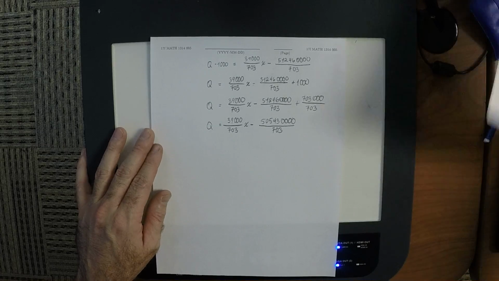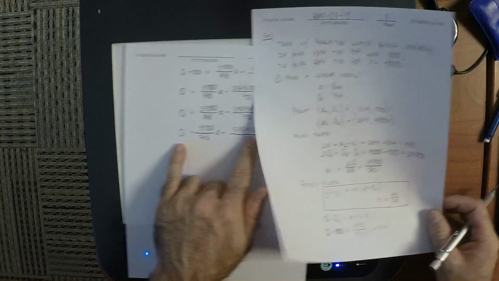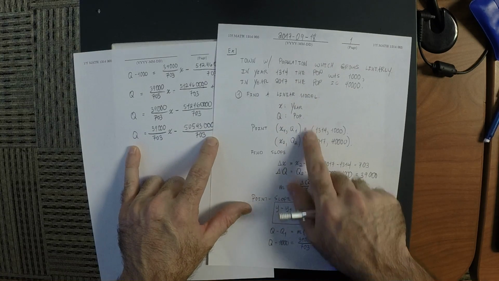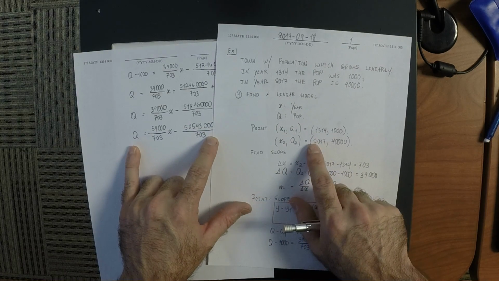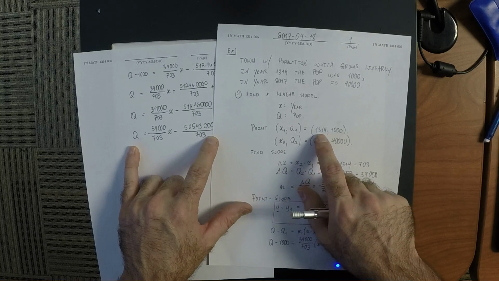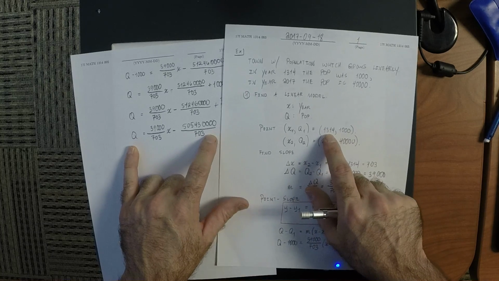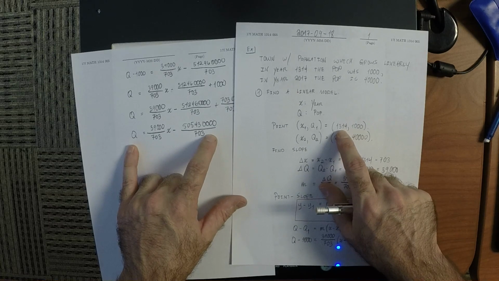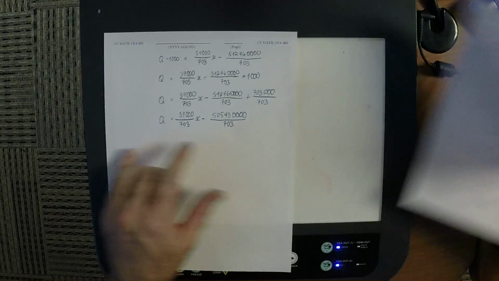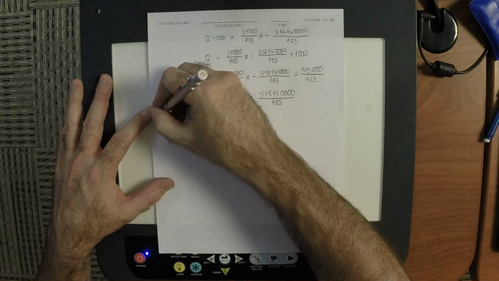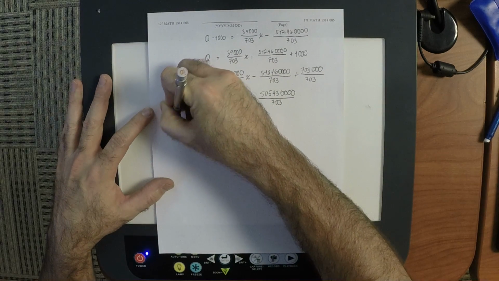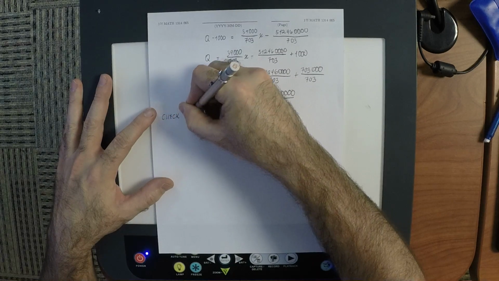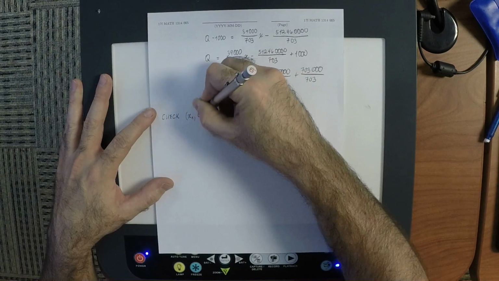Right. Because how did we obtain this line? We obtained this line from this data. So if we plug in year 1314, what population should we determine? 1,000. Well, let's check that. We'll check with the point x1, q1.